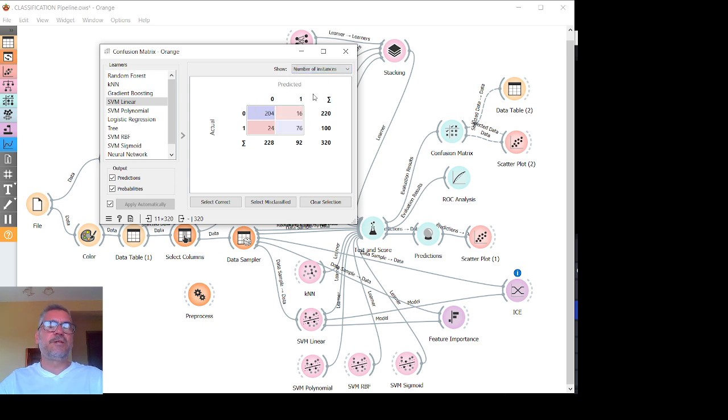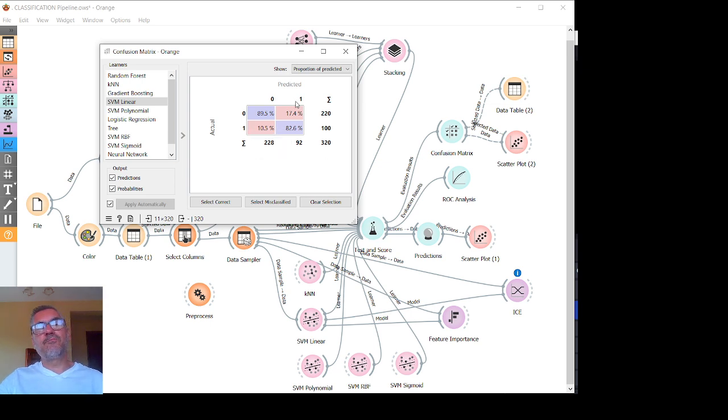So these are the actual instances. Now if we go to proportion of predicted, this means that predicted is here. So we predicted all these people as good customers. So we predicted 228 people as good customers. From those, 89.5% were correctly predicted as good customers, but 10.5% were actually bad customers.